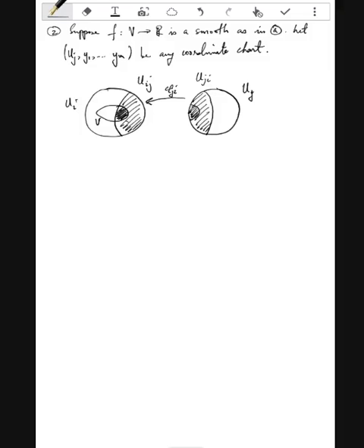The shaded area corresponds to V intersection U_j. And this is the shaded area here. And I have a map f, sorry, not smooth, that's what we want to check, f from V to R. Okay, f is a smooth map in the coordinates x1 through xn.